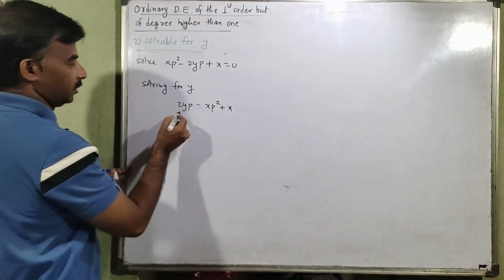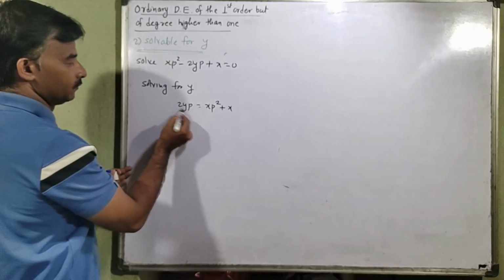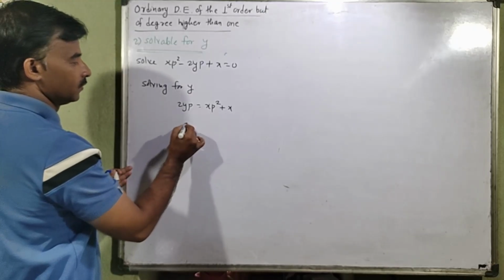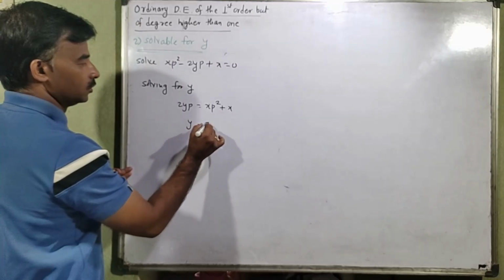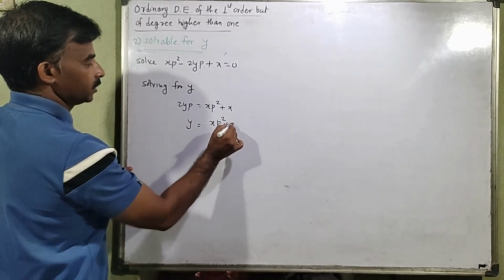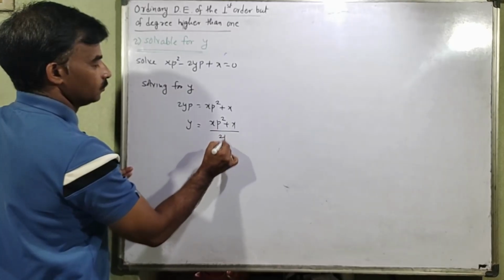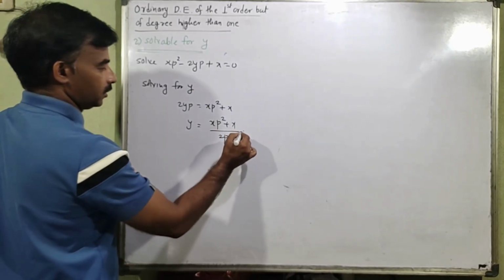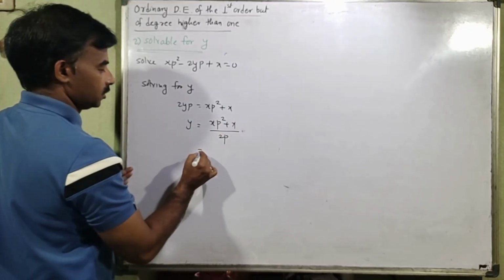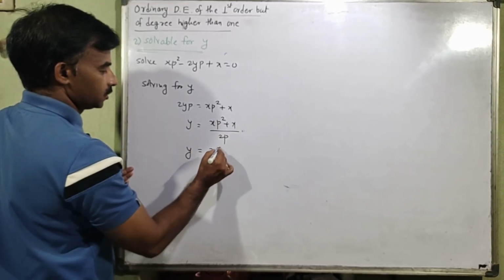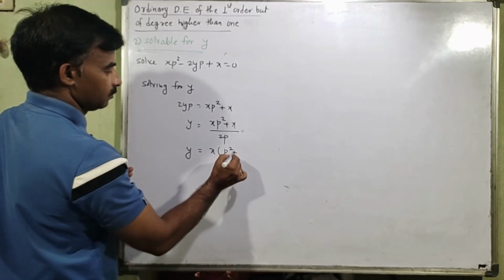Then 2p is multiplied here, so it is divided on the other side, y is equal to xp square plus x divided by 2p. And once again I'm just taking x common, y is equal to x into p square plus 1, over 2p.